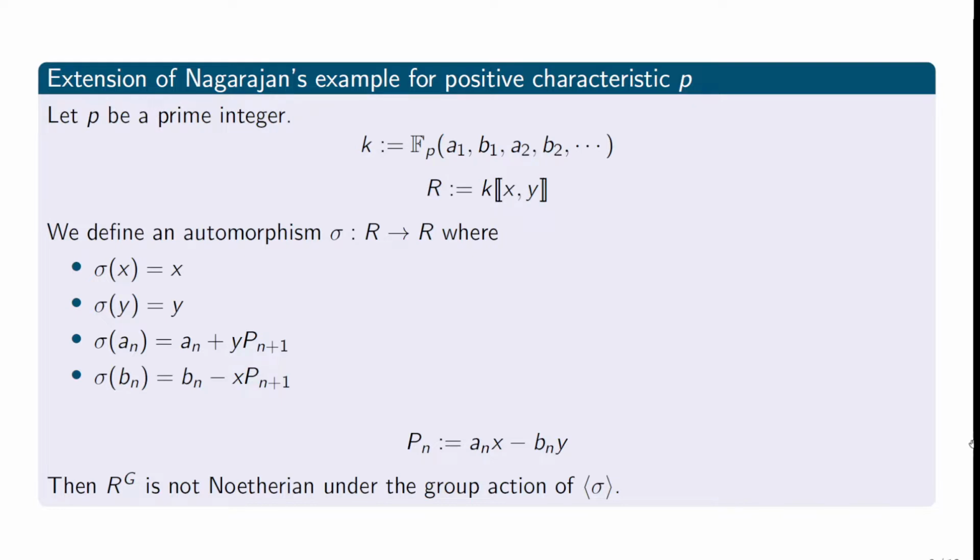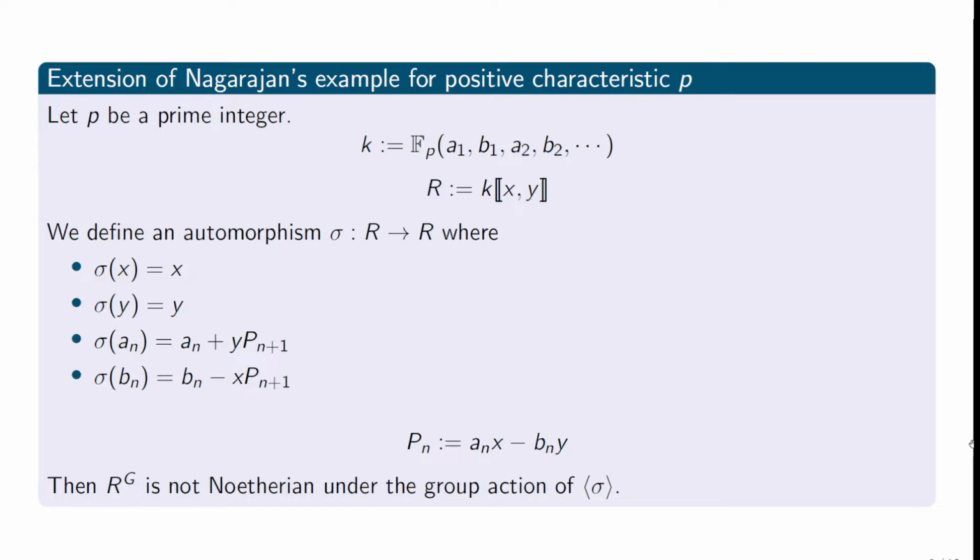What we can do here is define an automorphism sigma from R to R, which fixes x and fixes y, and we have a special type of polynomial P_n, which can be described as a_n x minus b_n y. We define sigma to send a_n to a_n plus y P_{n+1}, and b_n to be sent to b_n minus x P_{n+1}.